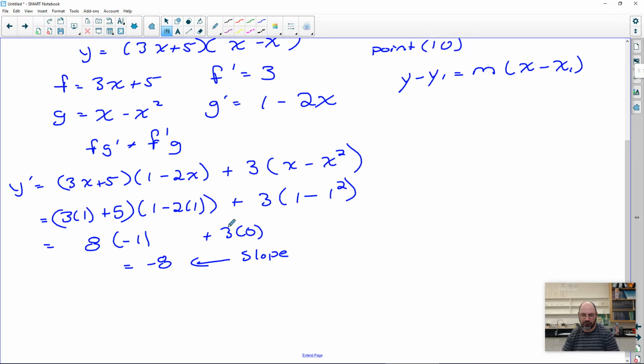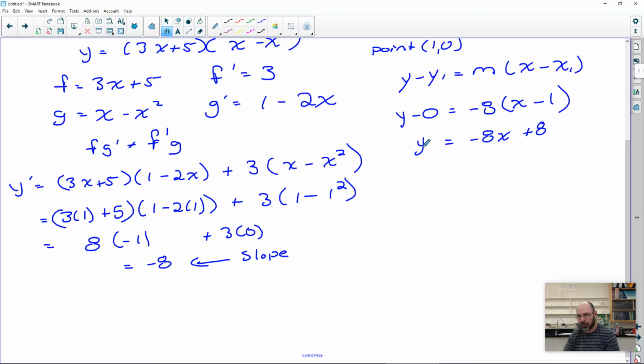And my slope is negative 8. So y minus 0 equals negative 8 times x minus 1. There's my point, right? 1 goes there and 0 goes there. So y equals negative 8x plus 8.